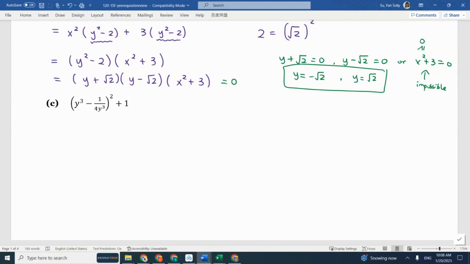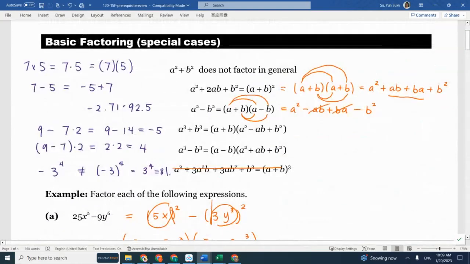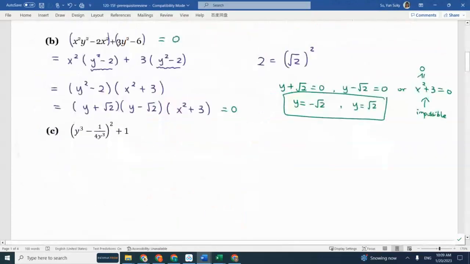Well, this is a complete square, right? Oh, by the way, a plus b squared is a squared plus 2ab plus b squared. And then a minus b squared is a squared minus 2ab plus b squared. You just change the sign of the middle term. So that's why here, a minus b squared equals a squared minus 2ab plus b squared.